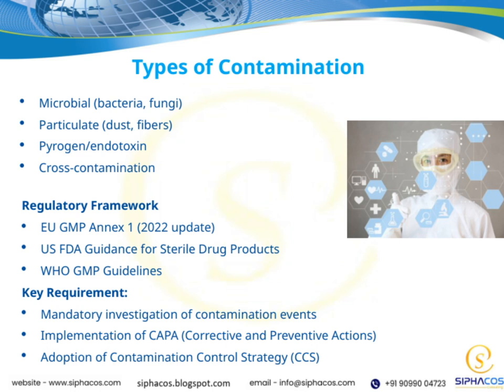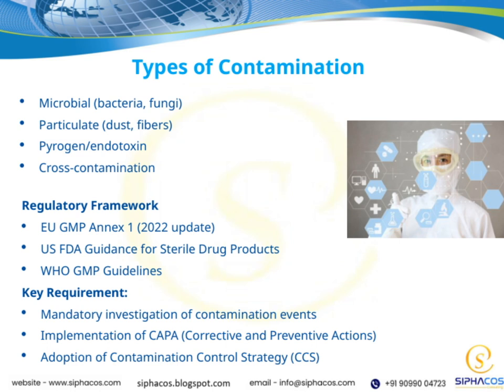This isn't just a good practice, it's a requirement to understand the root cause and prevent recurrence. Alongside this, implementing CAPA, which stands for Corrective and Preventive Actions, is essential. This approach helps us address immediate issues and put measures in place to avoid future problems. Another important concept is the adoption of a contamination control strategy, or CCS. This is a comprehensive plan that integrates all controls and practices to minimize contamination risks effectively.